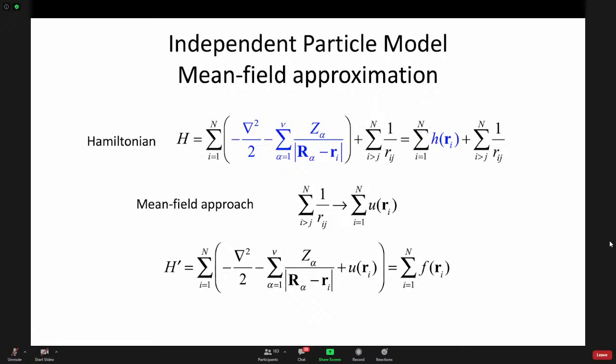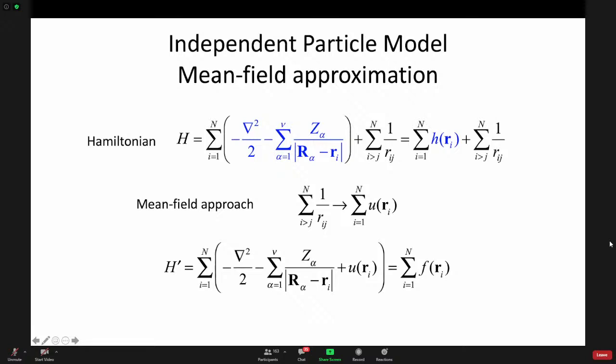So we have the kinetic energy term and the electron-nuclear term. These are one-electron terms. However, the tricky part is this term, the electron-electron term, which involves two electrons. So that makes it a bit difficult to solve.